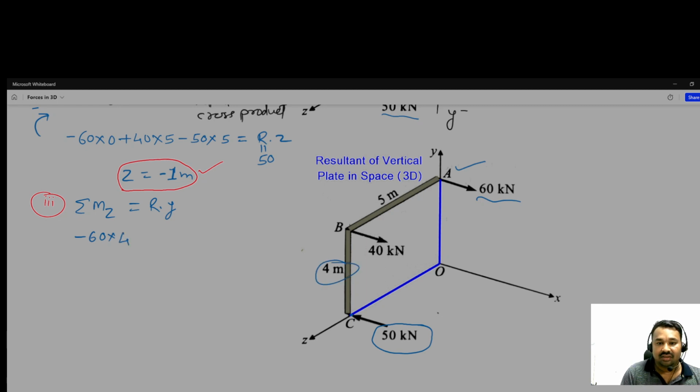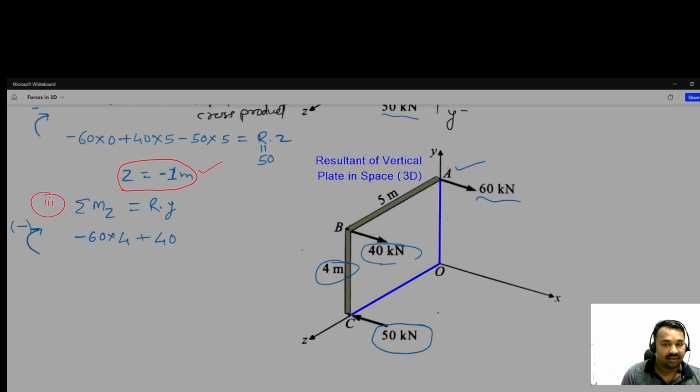Similarly, this 40 kilonewton will try to rotate anti-clockwise, as we are taking clockwise as negative. So 40 multiplied by the base distance.